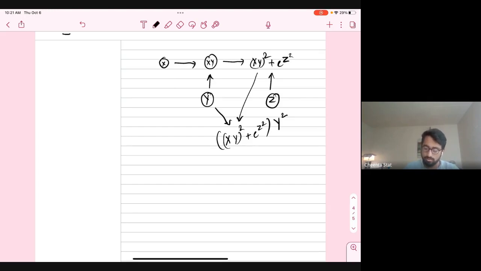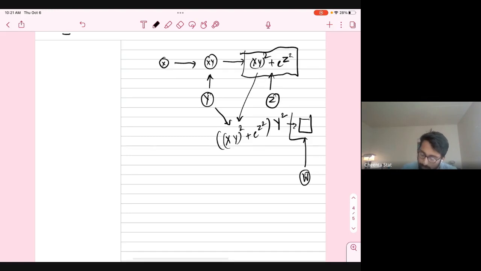And then we can add another w here to get something. So essentially, you can ask whether this is independent of this or not. So let's see the structure. This, this, this, this.